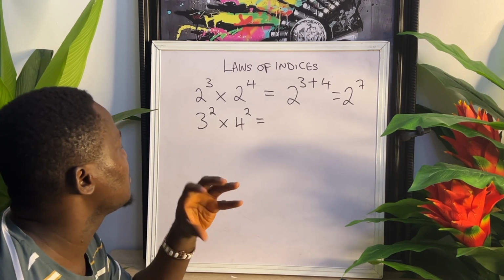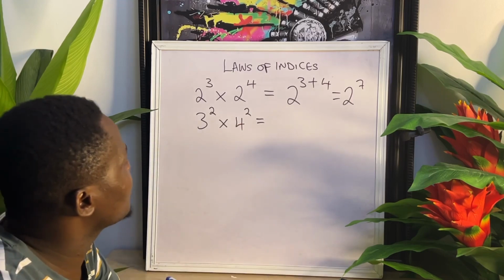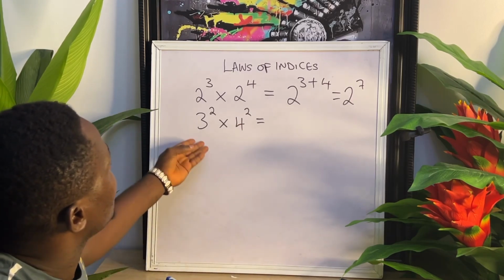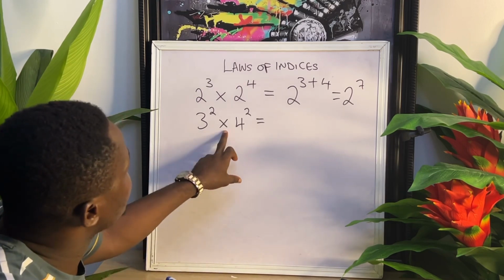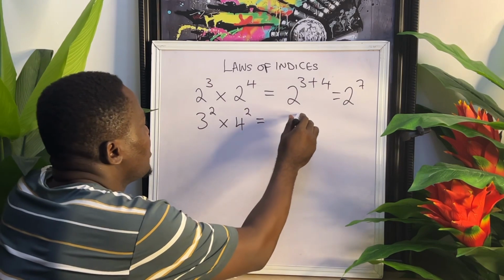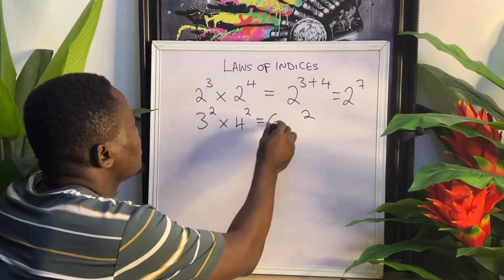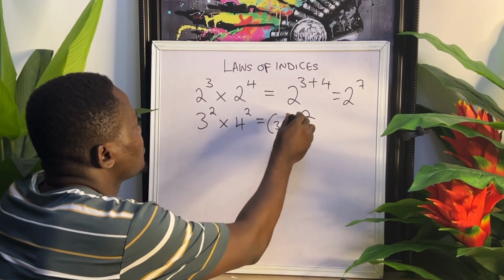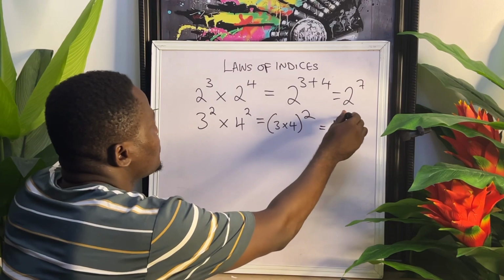And the law states that we should pick one out of the same powers and multiply the bases, which means in effect, the multiplication remains multiplication. So we have 2, which is the power, and then the bases 3 times 4. And this gives 12 raised to power 2.